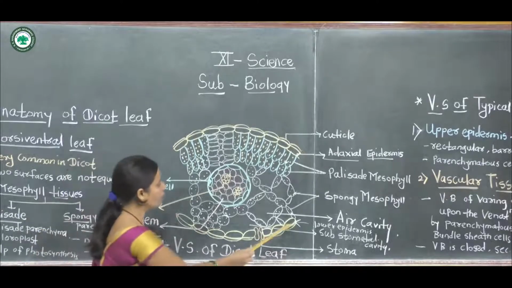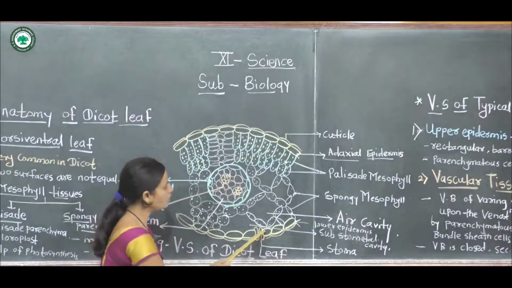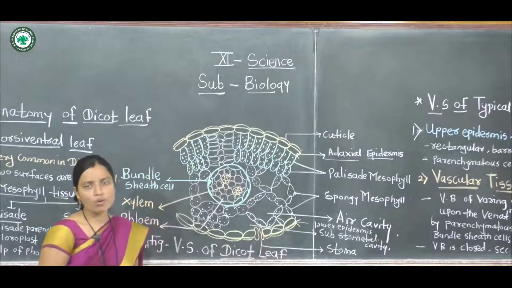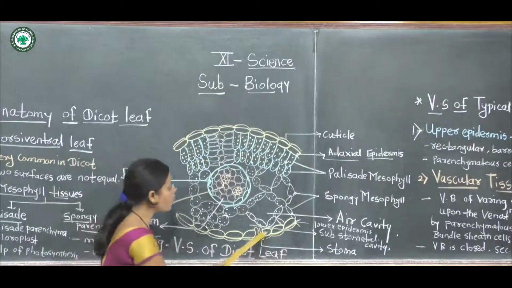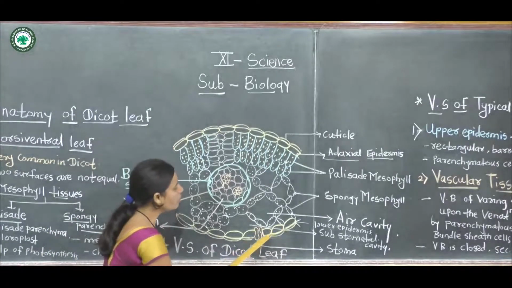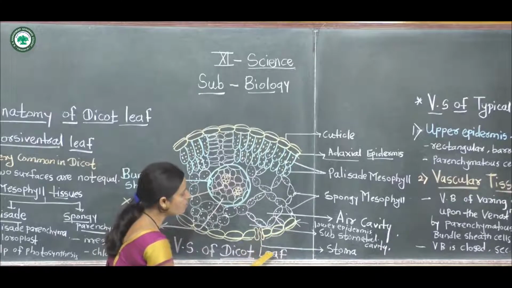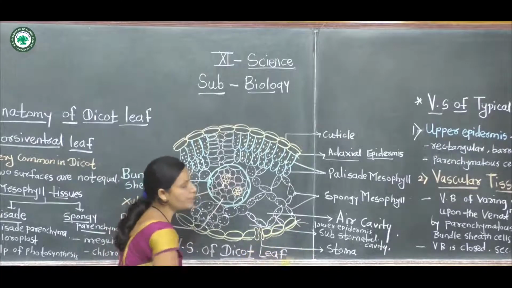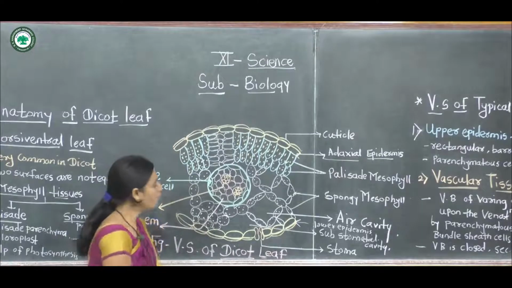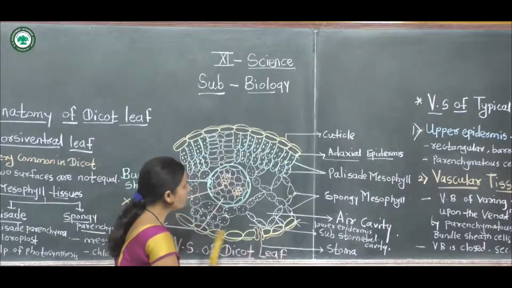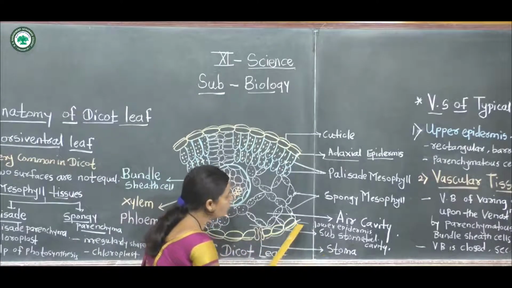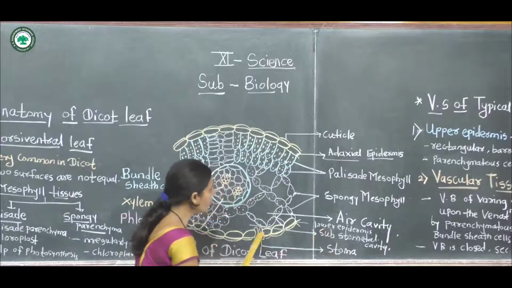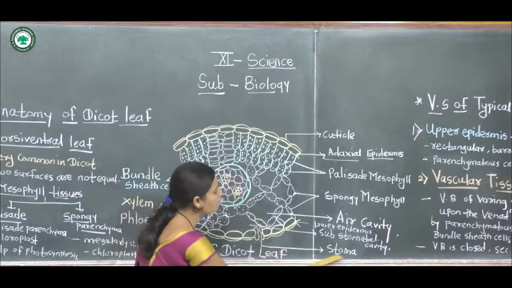The lower epidermis is most important because the stomata are present in it. These are small pores or openings found on the lower surface of the leaf, and each pore, a small opening, is called a stoma.